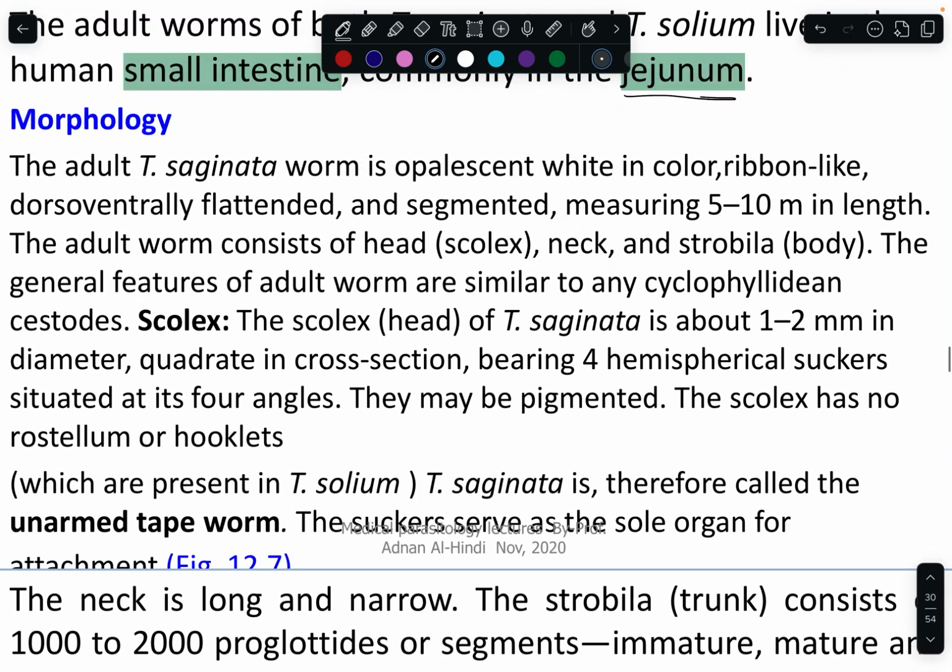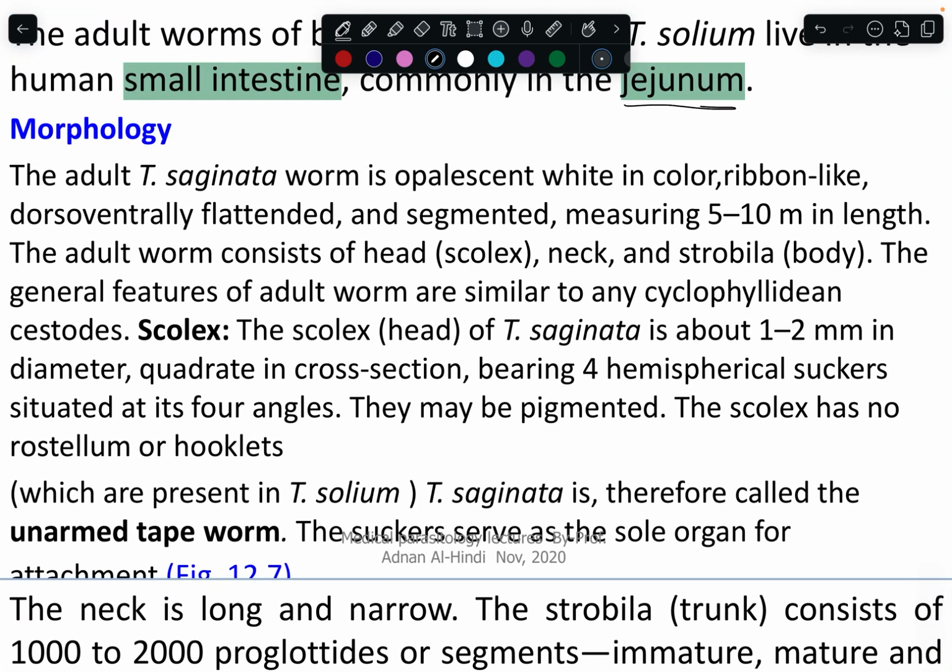Morphology. The adult Taenia saginata worm is opalescent, white in color, ribbon-like, dorsoventrally flattened because it's a tapeworm. It's flattened, segmented, that's important.